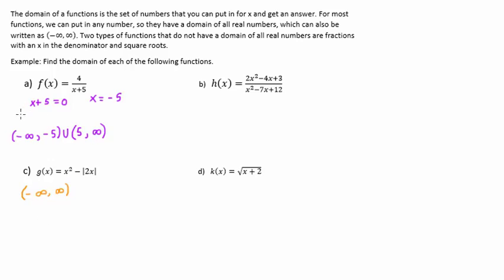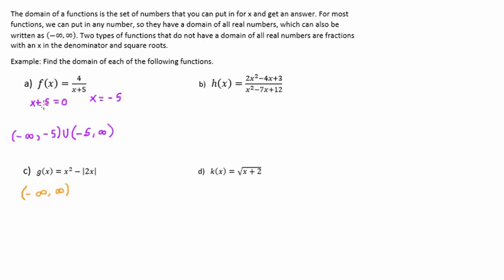We're breaking this up into all of the values up to negative 5, and all of the values past negative 5. That negative is really important there. Negative 5 is the only number excluded here.